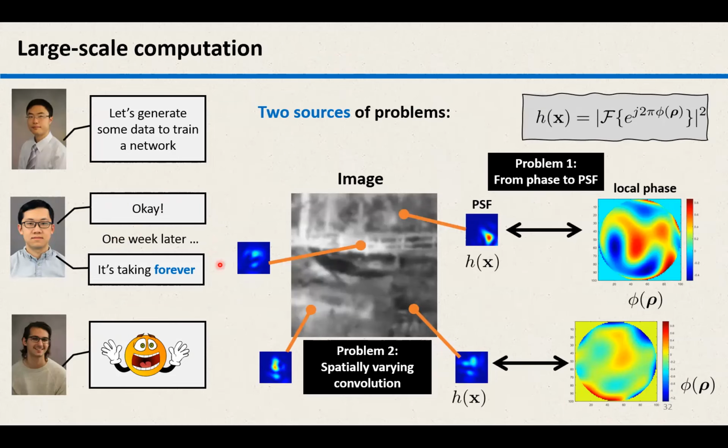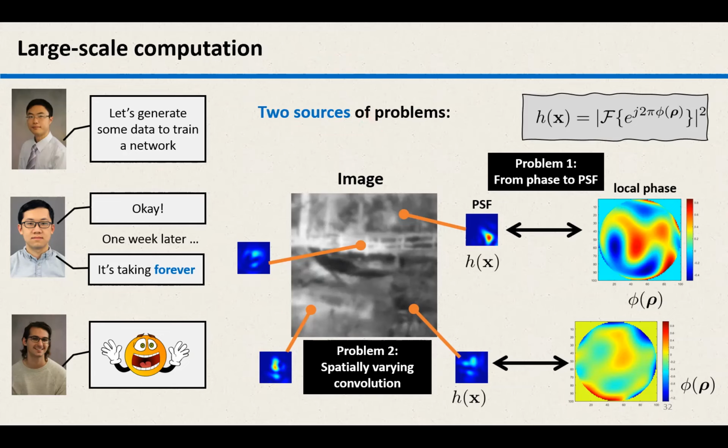Forever means that everything is taking so much time. And so Nick and I were very surprised. We thought that we were already much faster, and indeed we are much faster than the split step propagation, but we are still pretty far away from being able to simulate a large data set. So we went back and looked at the problem, and here are the 2 reasons why it's not working well.